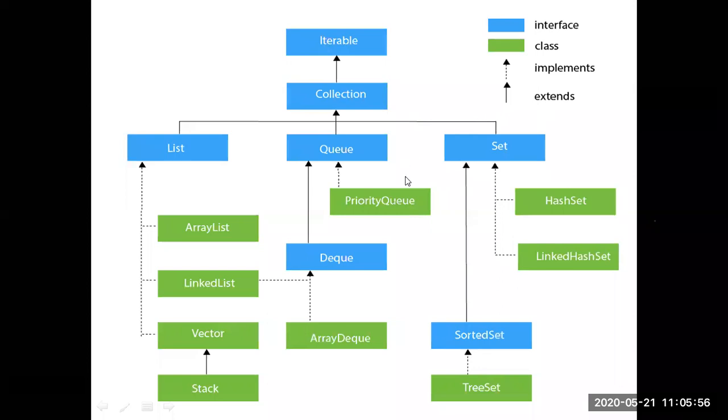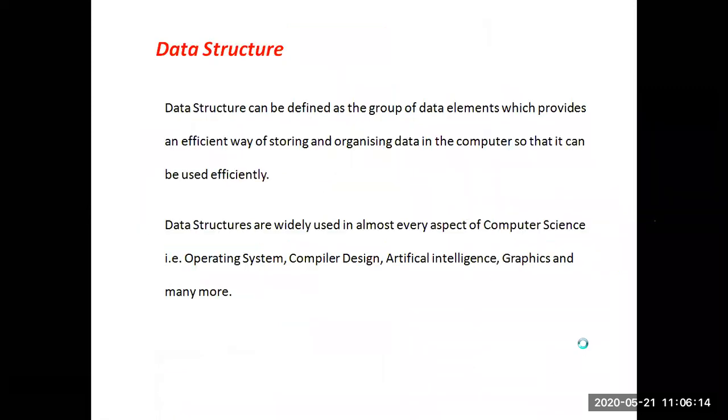For creating sets, we have two interfaces available: one is Set and the other is SortedSet. By using these two interfaces, we can create sets with the help of three different classes: HashSet, LinkedHashSet, and TreeSet.